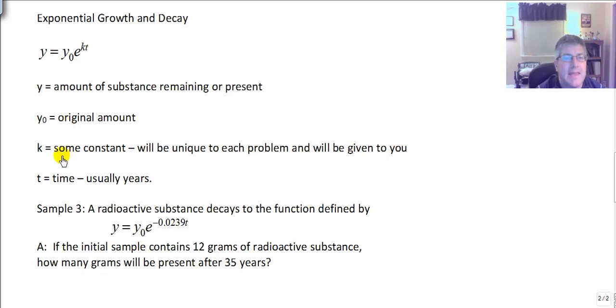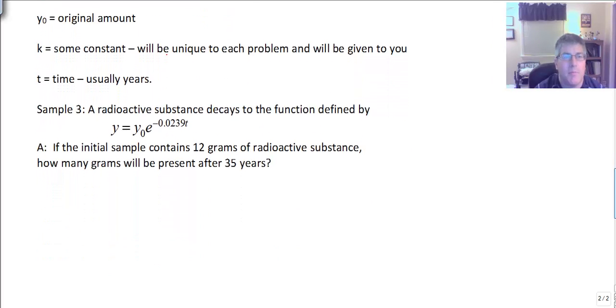And k is going to be some unique constant. It's going to be different for every different kind of compound. Okay, we'll give you k. You don't need to worry about that. And t is time, and again, usually in years.